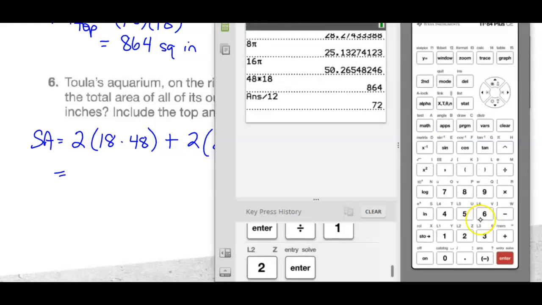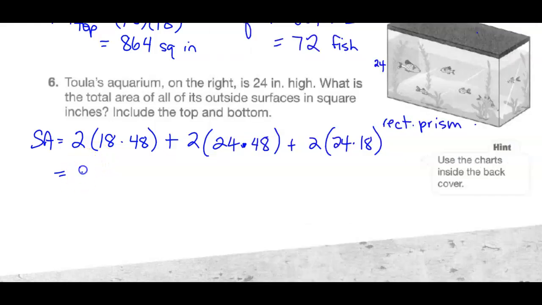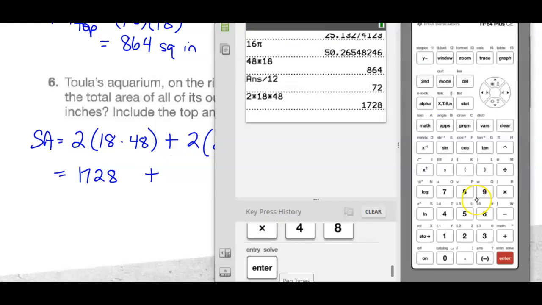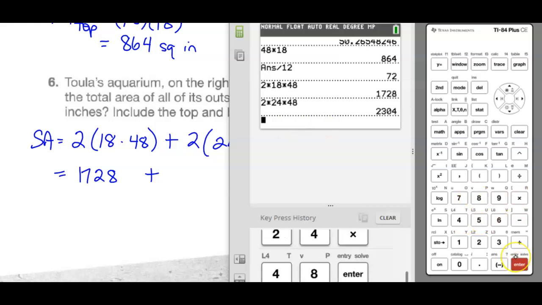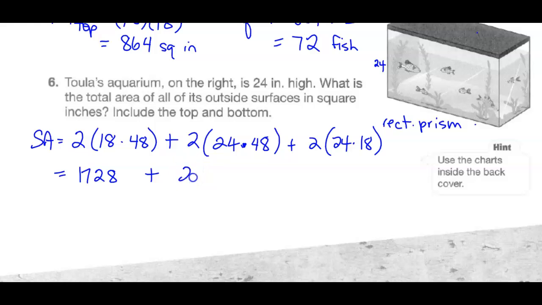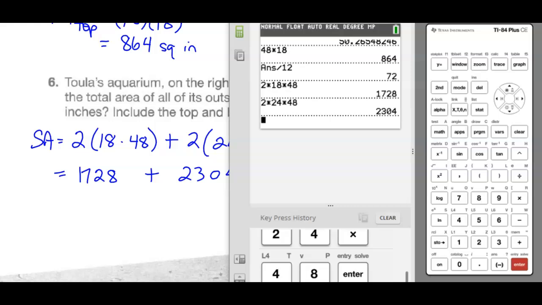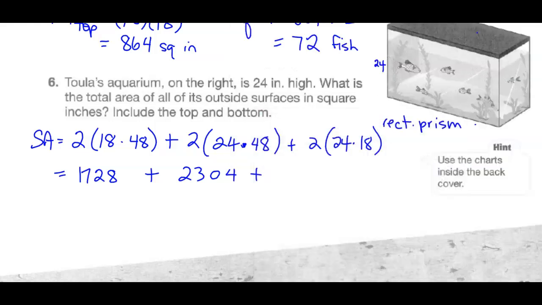Okay, so 2 times 18 times 48 is 1,728. Plus 2 times 24 times 48, 2,304. And then 2 times 24 times 18, 864.